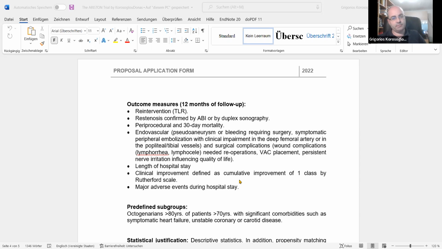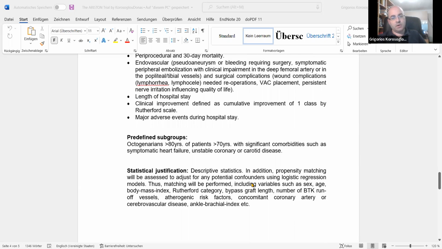Clinical improvement defined as improvement of at least one Rutherford category, and of course major cardiovascular events during hospital stay and afterwards.